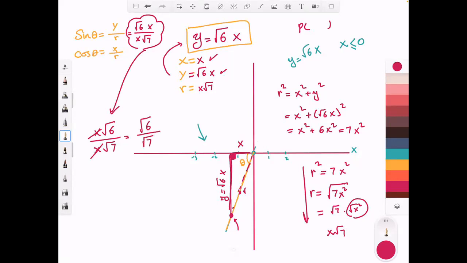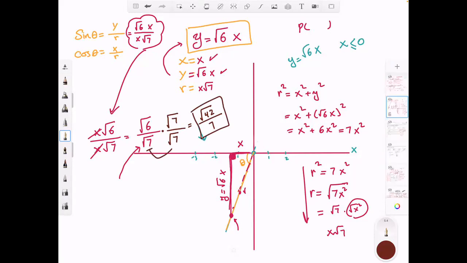Yvette, can I have radical 7 in the denominator? No. What number should I multiply? Root 7. Excellent. Root 7, root 7. Root 6 times root 7 is root 42. Root 7 times root 7 is 7. So that's what you got, correct?